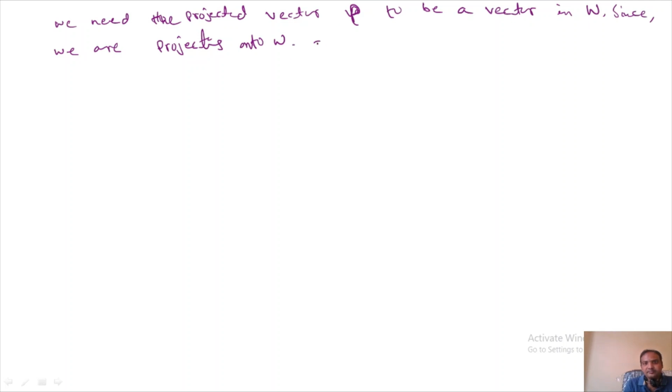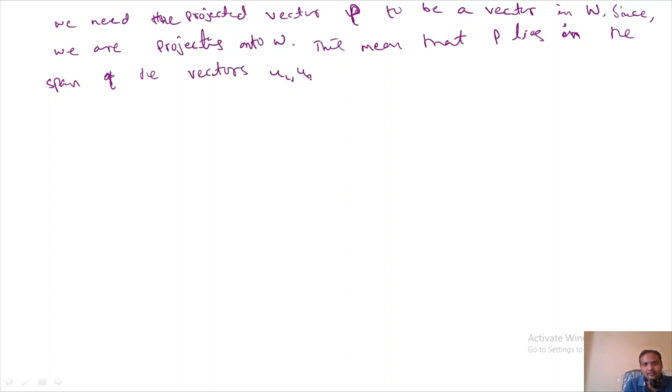This means that P lies in the span of the vectors u1, u2, and so on up to un.